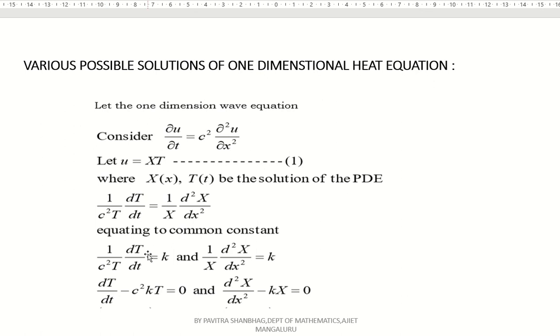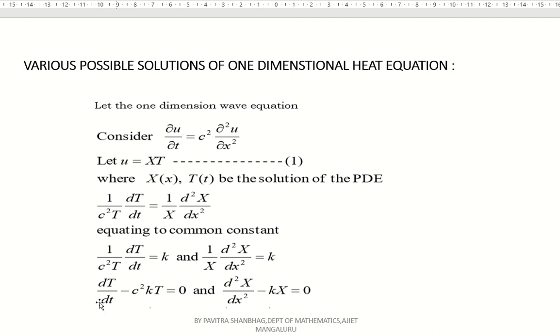Now dT/dt = c² k T, or dT/dt − c² k T = 0. Similarly, d²X/dx² = kX, or d²X/dx² − kX = 0.